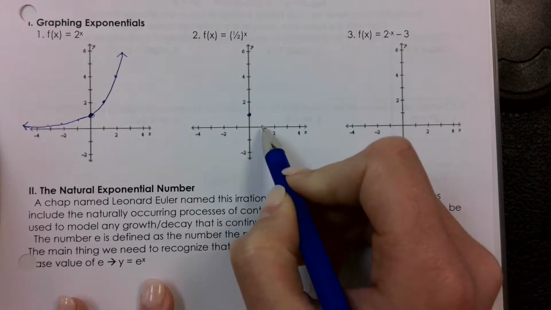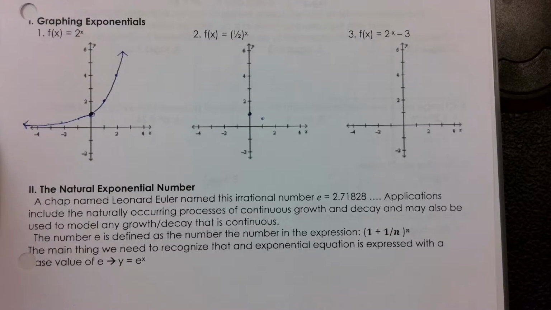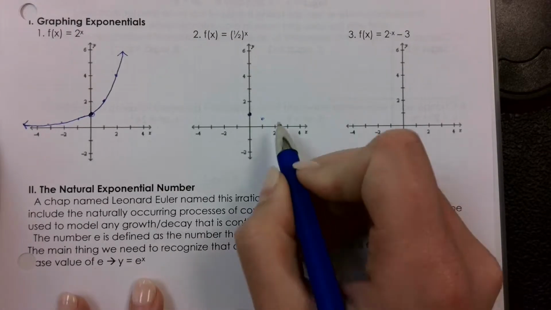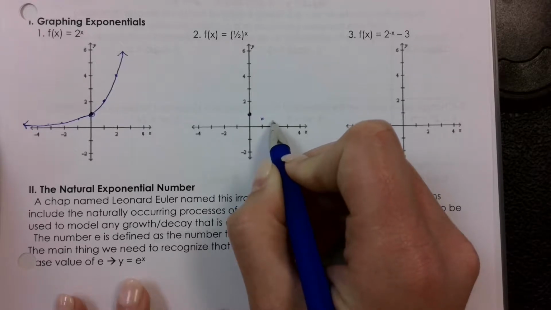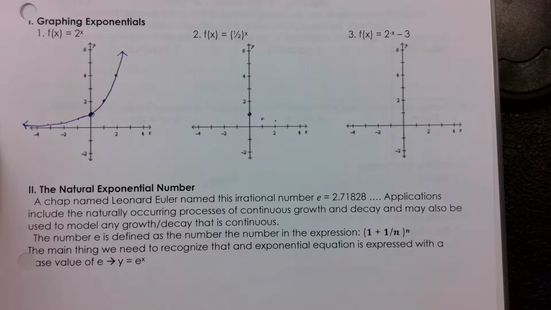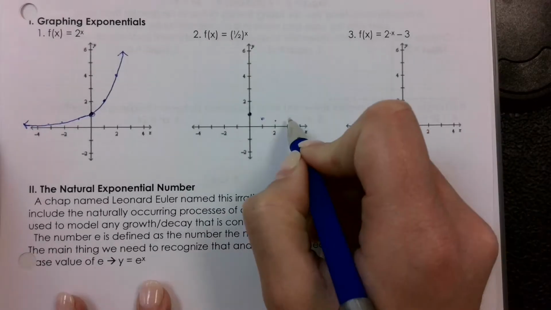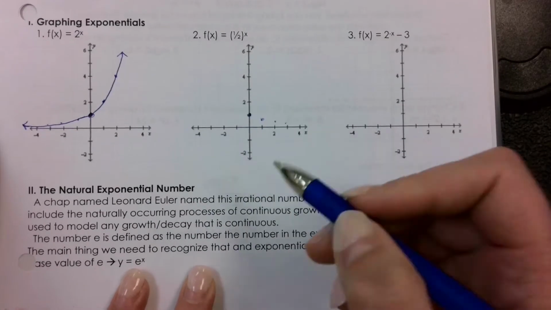So then 1/2 to the first power, what do you get? 1/2. 1/2 squared, what are you going to get? 1/2 times 1/2, 1/4. If you do 1/2 cubed, what's that going to be? 1/8. So it's getting super small on this side now, so what do you think is going to happen on the other side? It's going to get big.